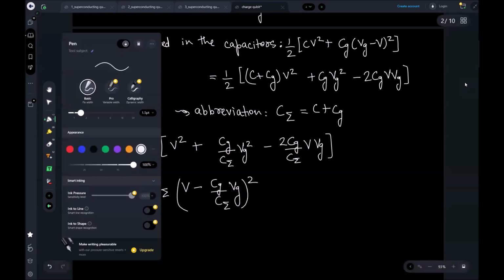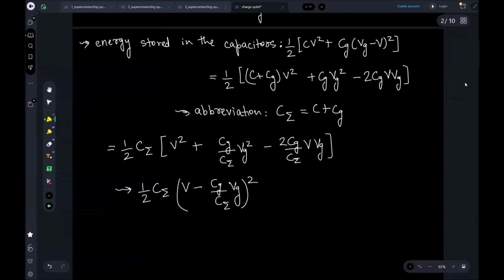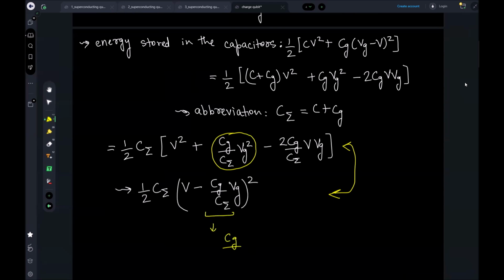Now, if you compare these two quantities, that is the total energy that is stored in both capacitors and this expression, you will see that the only term that differs is this term. And this expression would have something like Cg over C sigma squared times the square of Vg.